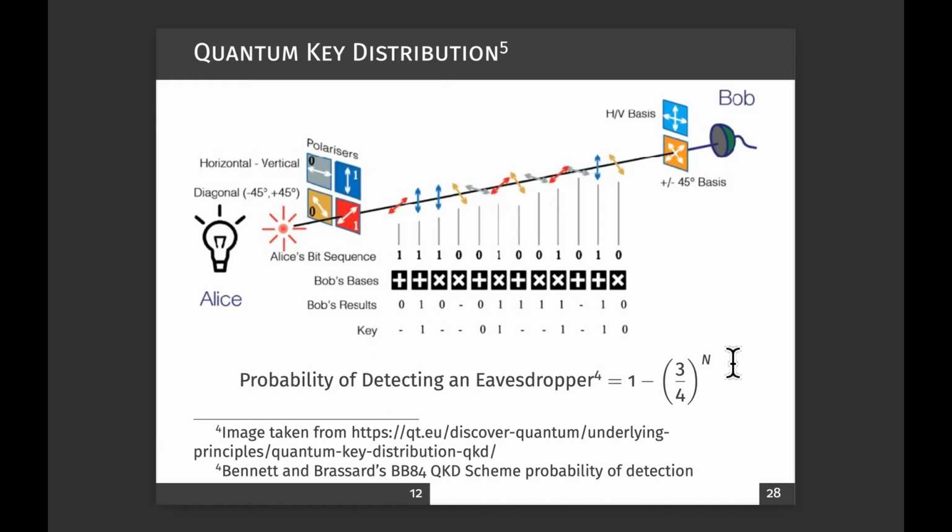Now, for example, if Asher and I agree that, okay, let's compare our bits, n bits, let's say 10 bits, where n is equal to 10, then the probability of detecting an eavesdropper is very high. It's more than 90%. Okay, so that's a very high probability. So this is very useful in quantum encryption.